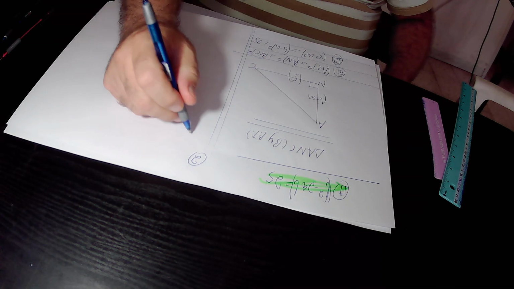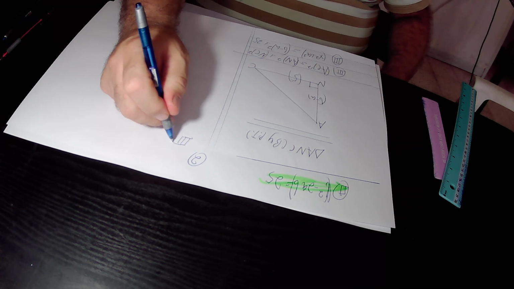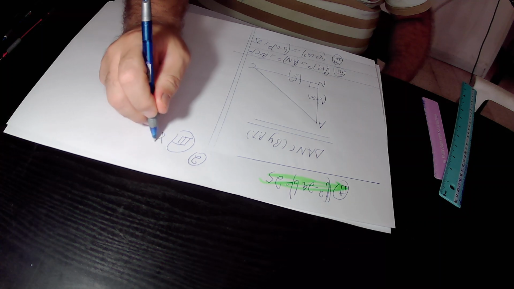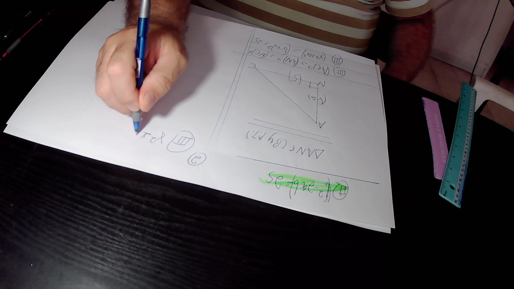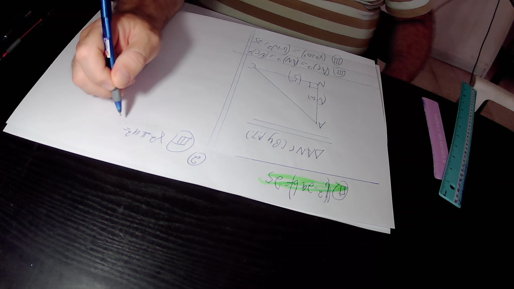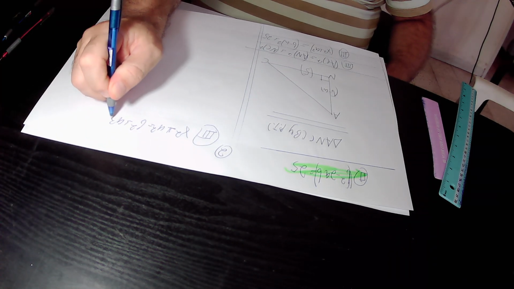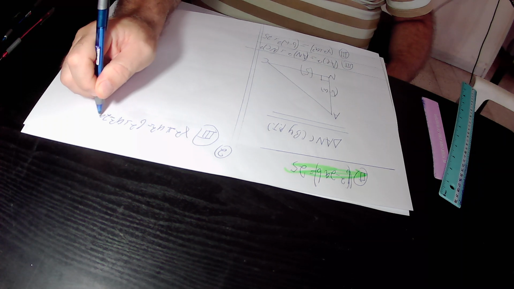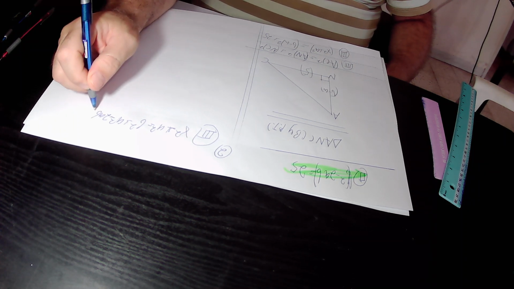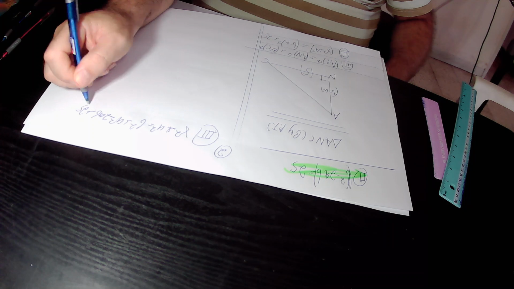So according to equation 3, X squared plus A squared equals B minus A squared. B minus A squared equals B squared plus A squared minus 2 times A times B, plus 25.